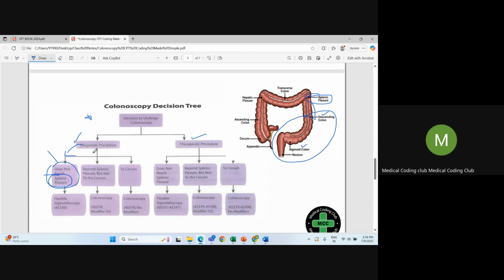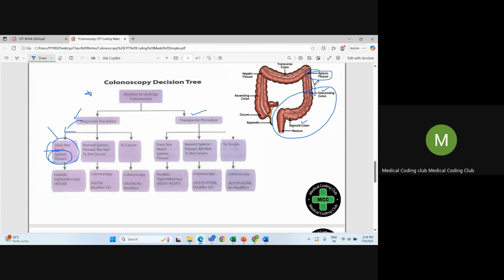When the scope range is in the lower portion, you will consider it a sigmoidoscopy, and you are going to code 45330 for the diagnostic procedure, because you are dealing with the lower portion of the colon.